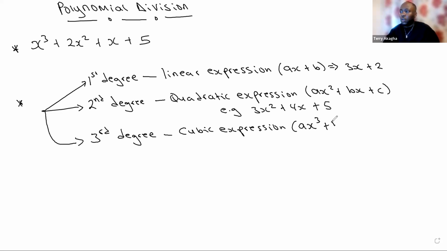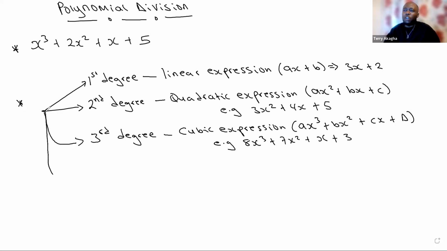So we have ax cubed plus bx squared plus cx plus d. For example, something like 8x cubed plus 7x squared plus x plus 3.